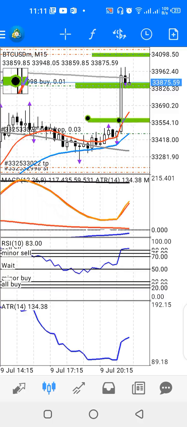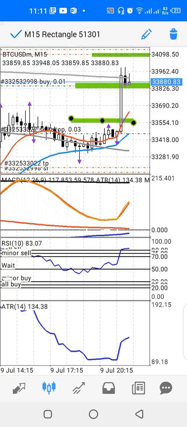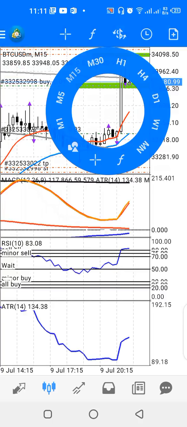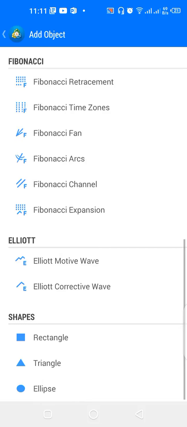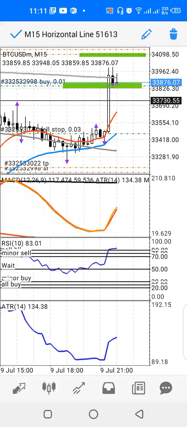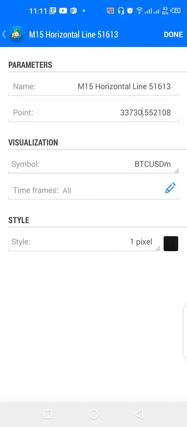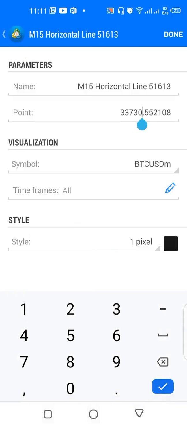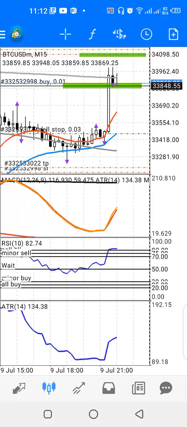Let me make an example. If your trade entry is at 33,848, let's assume this black line is my black line.